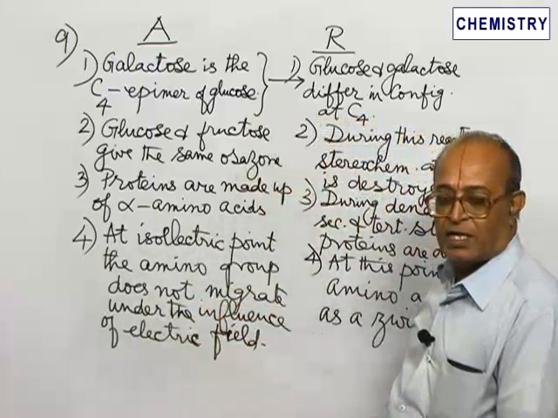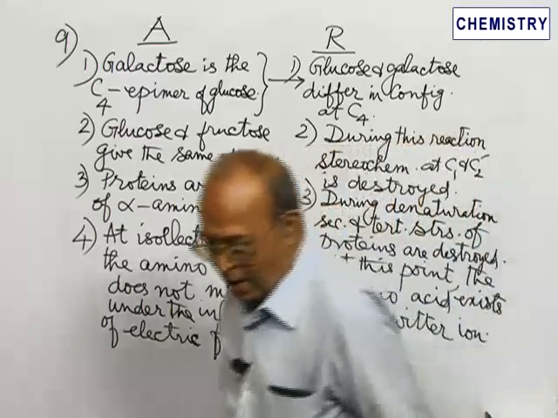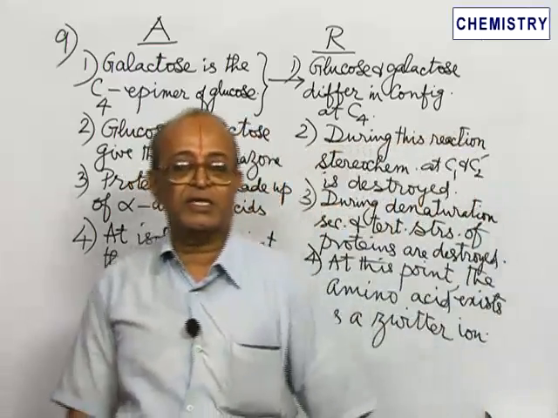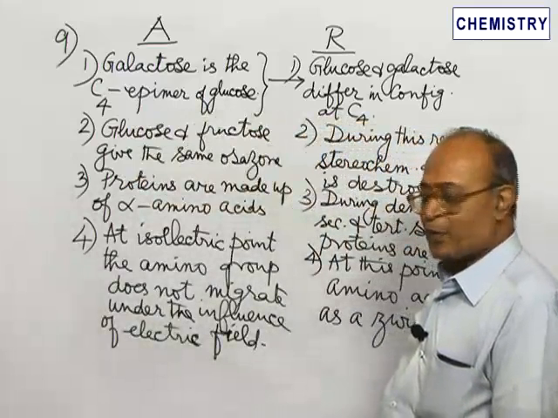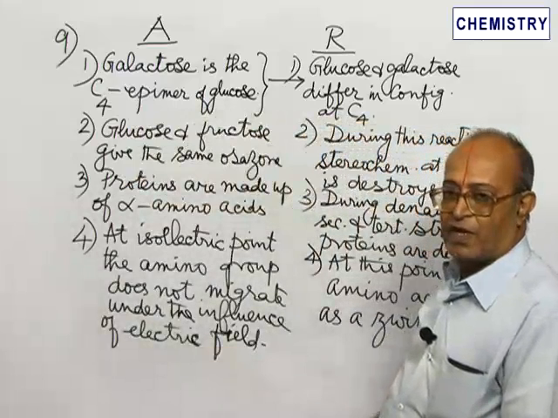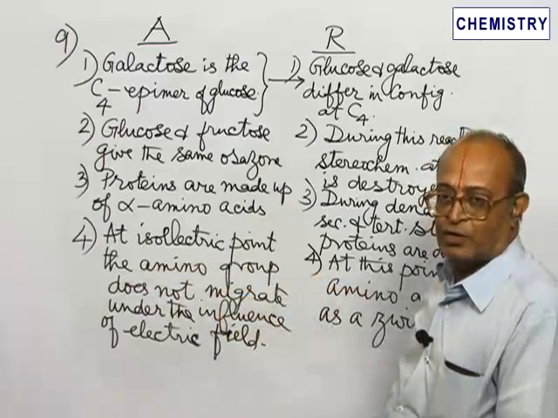Under basic condition, anion will be present. And naturally, under acidic and basic conditions, because of the presence of cations and anions, under the influence of electric field, they will migrate towards the oppositely charged electrode.